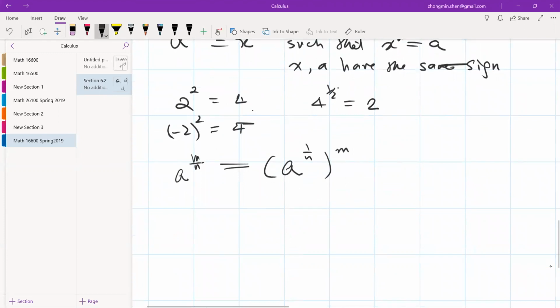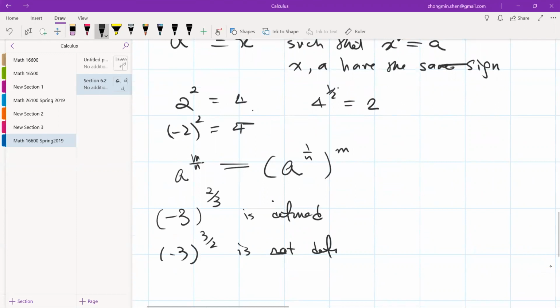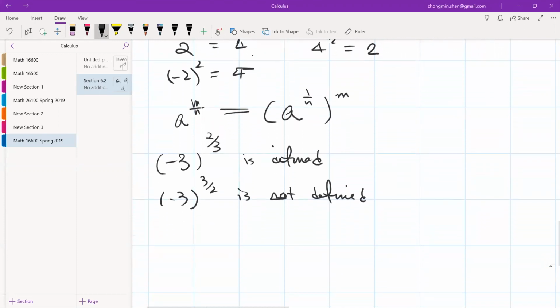So negative 3 to the 2 over 3 is defined, but negative 3 to the 3 over 2 is not defined. There's a difference here, be careful. Why?